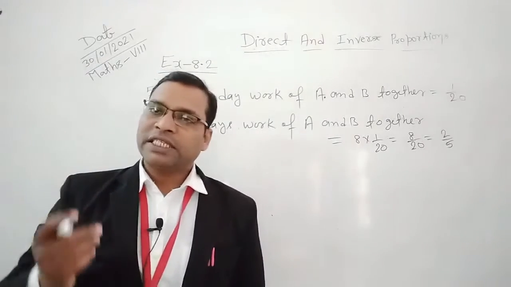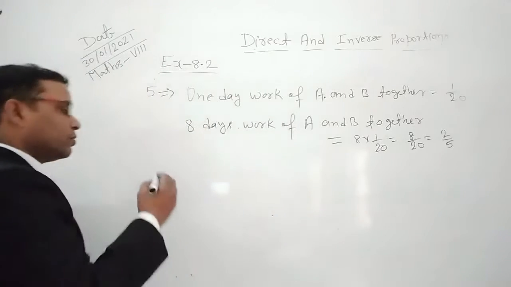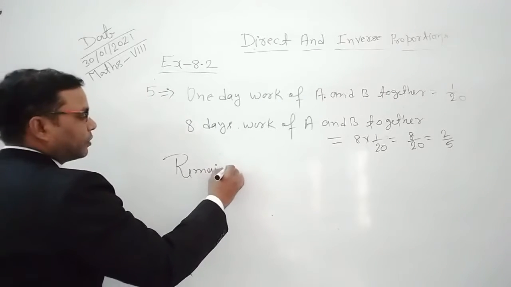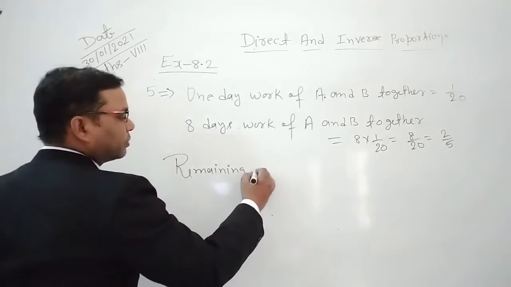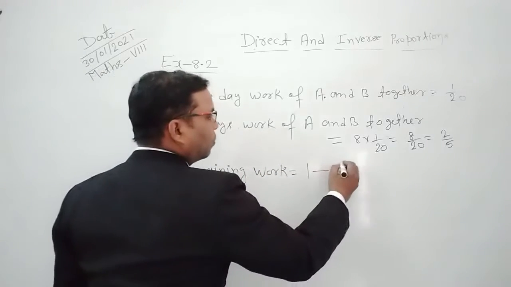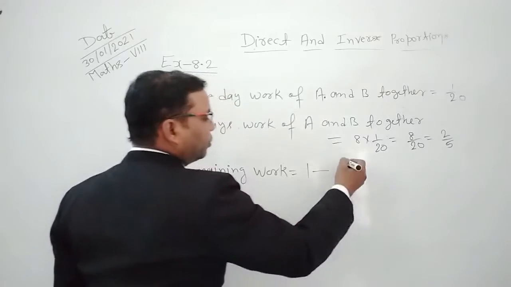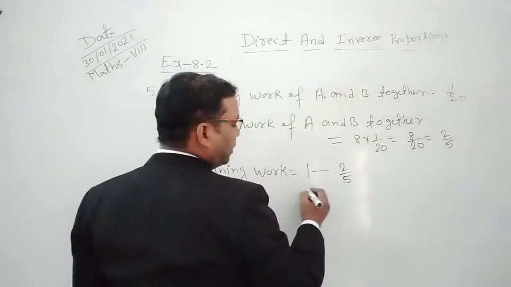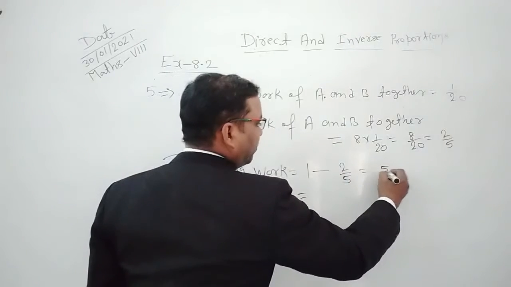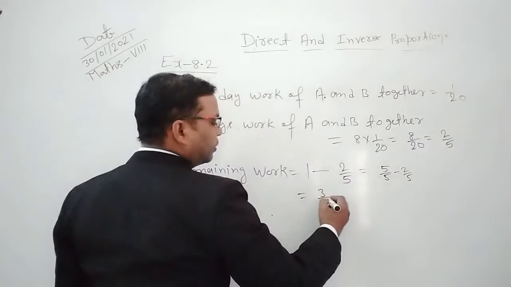How much work is left after B leaves? So remaining work is equal to 1 minus the work completed by A and B together in 8 days, which is 2/5. You can solve it as 5/5 minus 2/5, and you get 3/5.